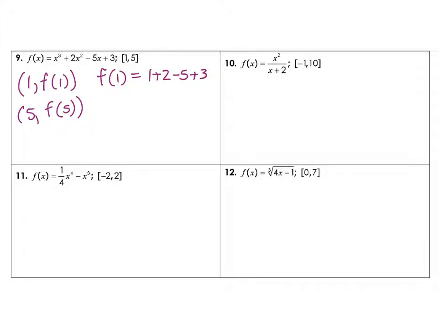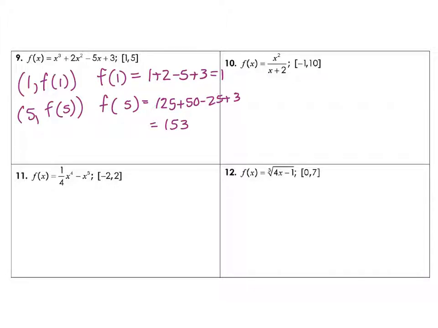And so all of that looks like it's going to be a 1. And then f at 5, if we plug that in, we're going to have 125 plus 50 minus 25 plus 3. So that one looks like it's going to be 153.